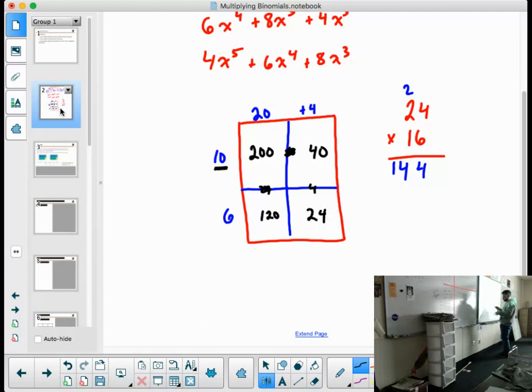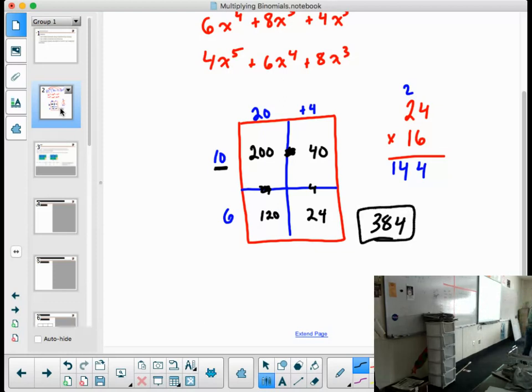So another way of multiplying is to just add up all these partial sums. 200 plus 40 is 240. 240 plus 120 is 360, and 360 plus 24 is 384. Hope I did that all right in my head.